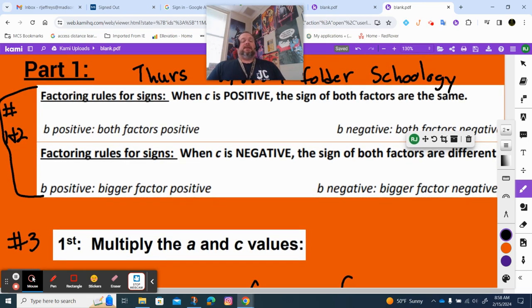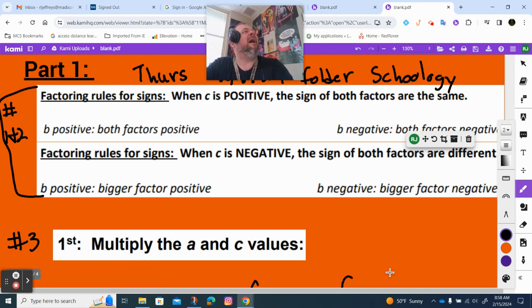And all right, for number 3, multiply the A and C values. That's exactly what I just highlighted and said, hey, this is going to be the acceptable answer every time for number 3.